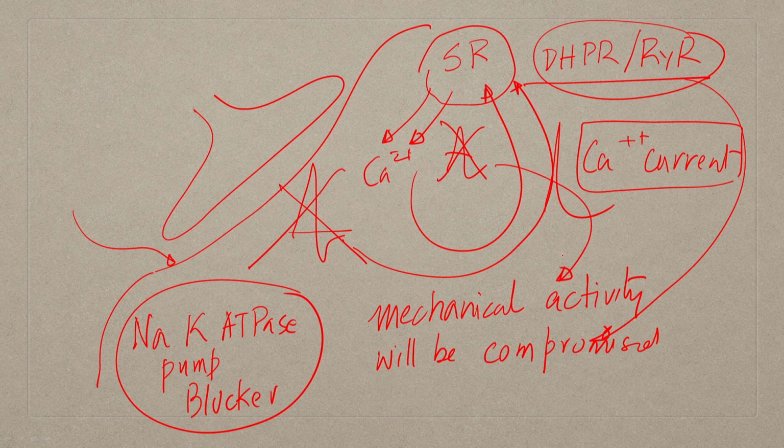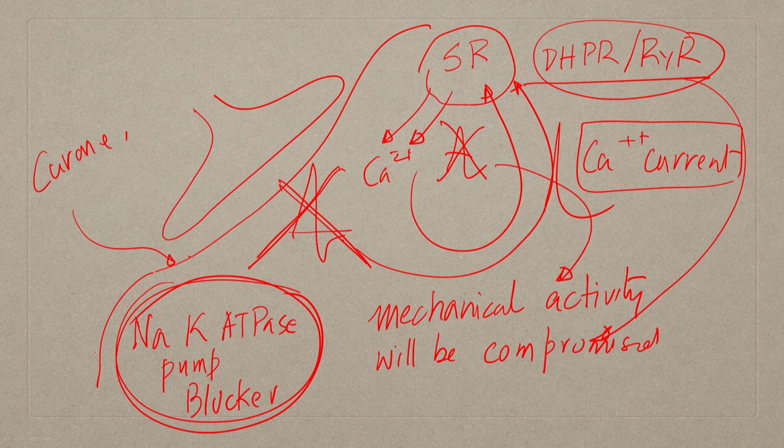The same thing happens with curare. When curare gets into the game, curare is blocking the acetylcholine binding sites and thereby stopping the action potential generation and the rest of the event. Simultaneously, you can think about the toxins which will block the sodium potassium ATPase pump.